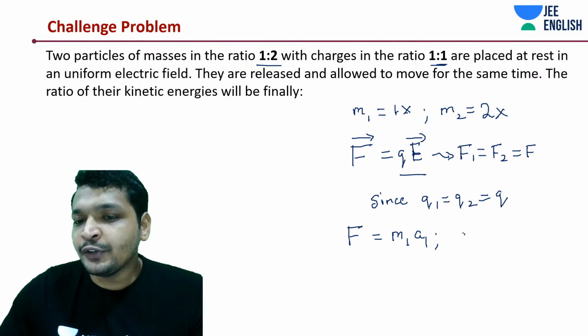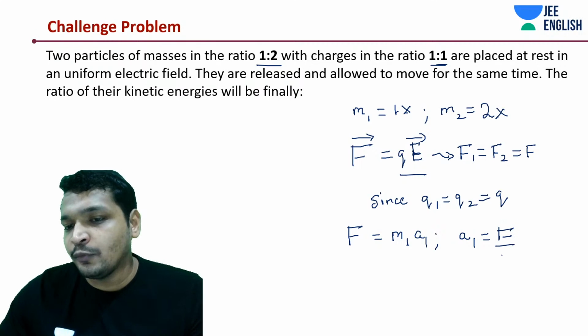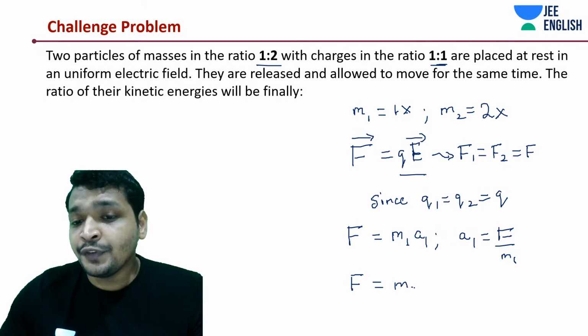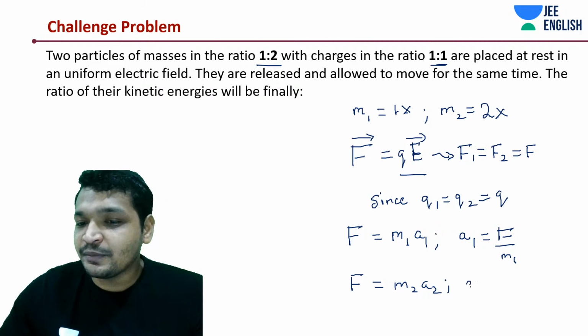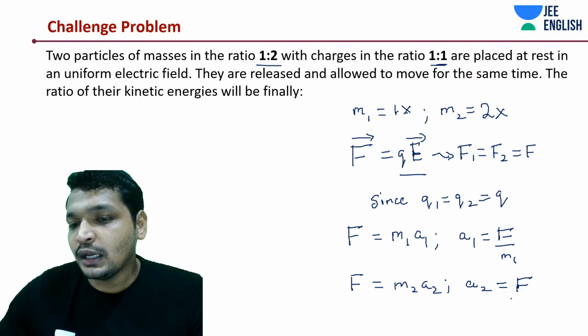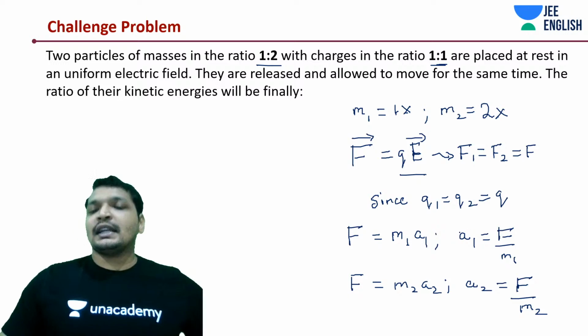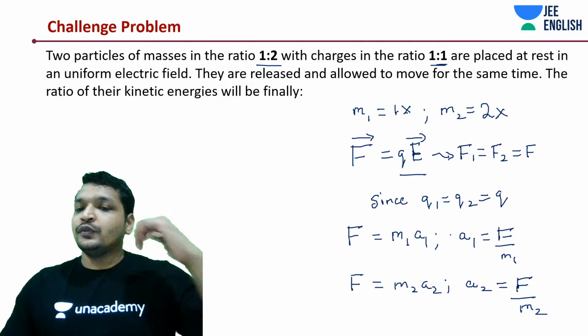So what would be the value of A1? A1 would be F by M1, right? And force is the same. If you have noticed a very interesting thing: the heavier the object, applied the same kind of force, would experience lesser acceleration, lesser ability to move.